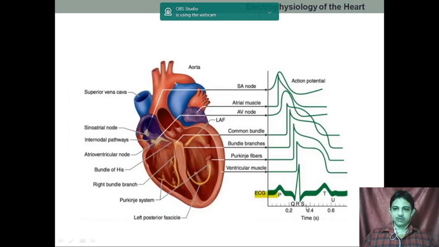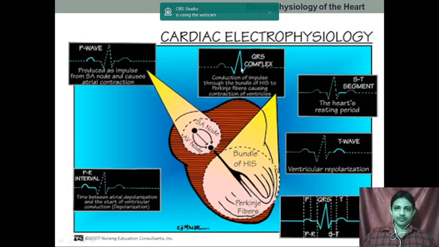QRS complex is the conduction of the impulse through the bundle of His to the Purkinje fibers. Clear? Next is the ST segment, the heart's resting potential. T wave, ventricular repolarization. Clear?